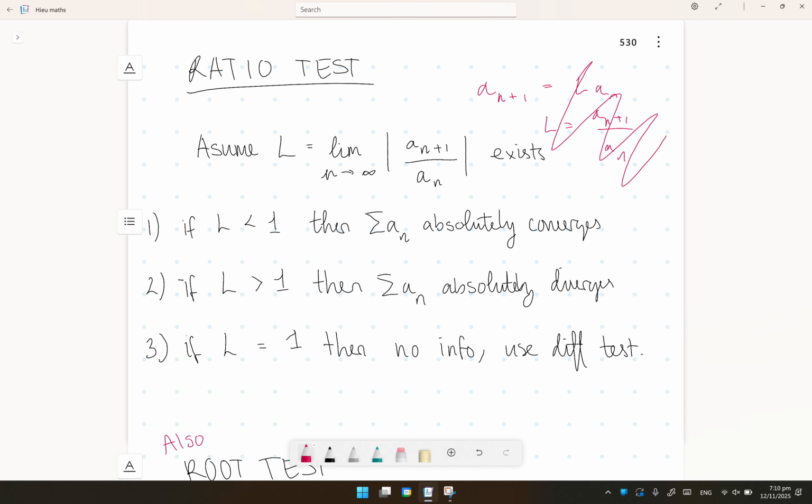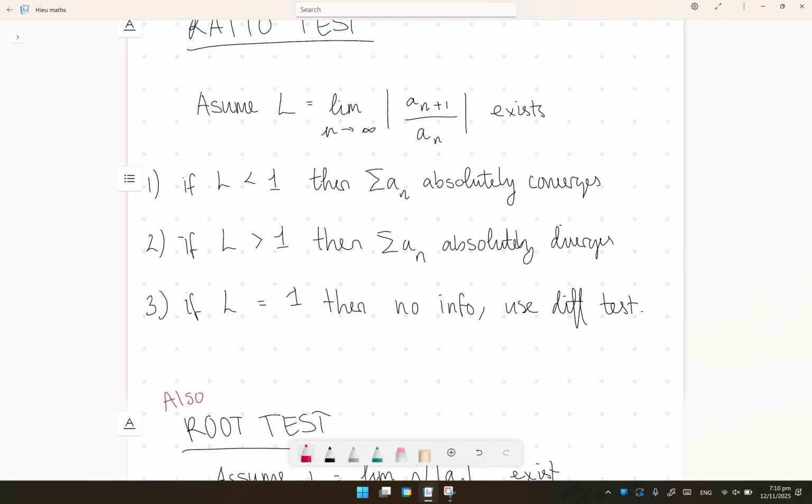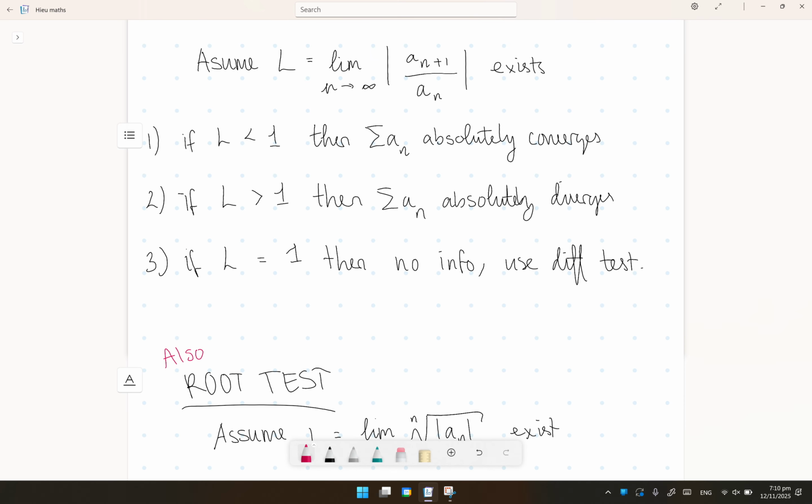You just take the limit of that to infinity to find the more general one when n is big enough. So if L is less than 1, then the sum of a(n) is absolutely convergent. Remember, it's like 1/2, 1/3, 4/5, anything less than 1. If the ratio is less than 1, then it's convergent. If the ratio is larger than 1, then it's divergent, just like a geometric sequence.